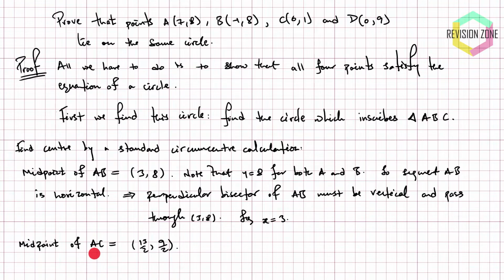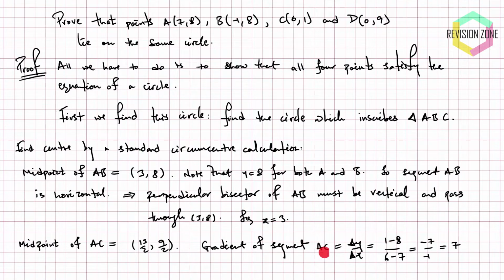I need the gradient of the perpendicular to the segment AC. For that, I work out the gradient of the segment AC, which is obviously change in y over change in x. So I'm going to take C as my x2, y2, and A as my x1, y1. So y2 minus y1 is going to be 1 minus 8, which is what I have here, and x2 minus x1 is going to be 6 minus 7, which is what I have in the denominator here.